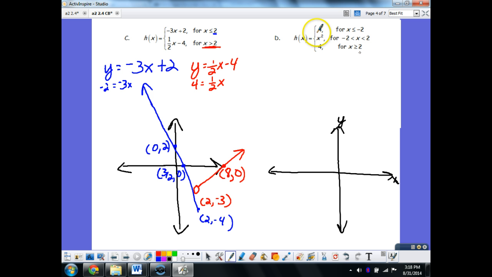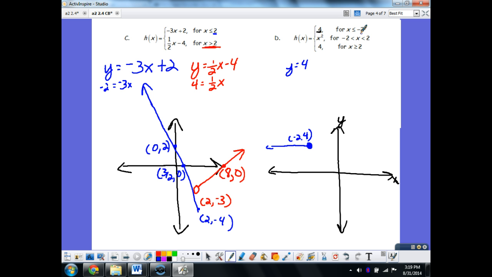This first piece is just going to be a horizontal line. We will do that one in blue, the line y equals 4. So up here at 4, and we are going to continue on to negative 2. So this is the point, negative 2, 4. And it's going to stop there. And we are going to have a closed circle there as it includes negative 2.